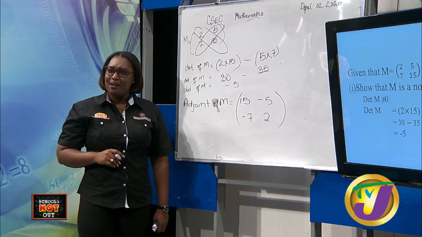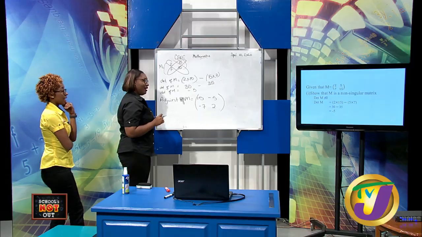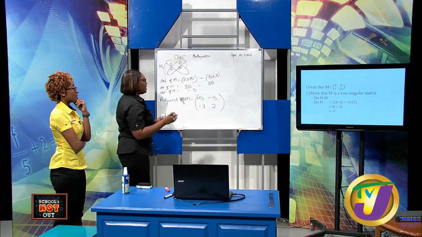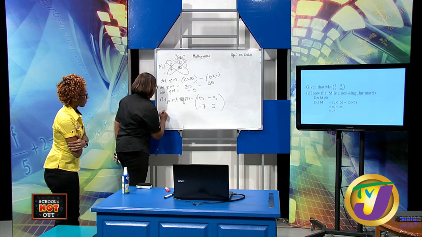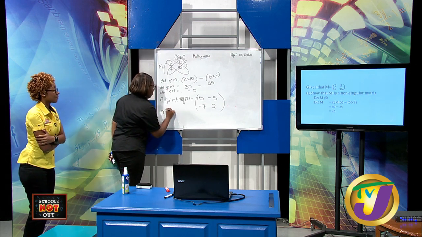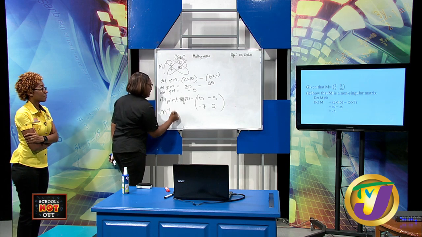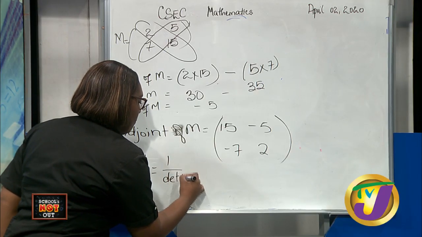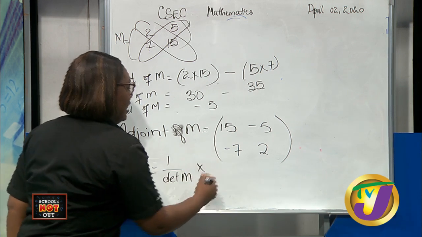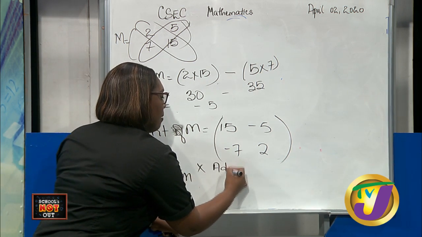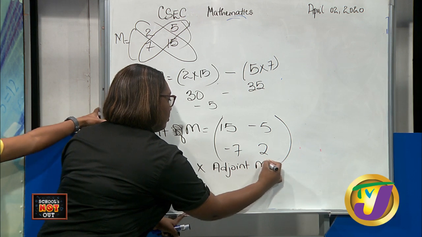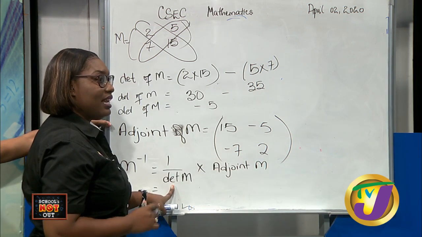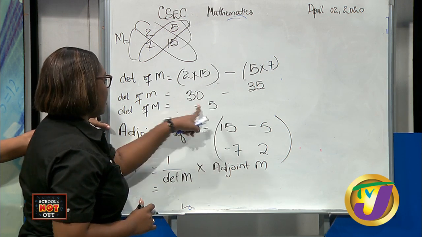But am I going to stop there? Not at all, because we're asked to find the inverse. So let's put it all together. The inverse, M to the power of -1, is equal to 1 over the determinant of M multiplied by the adjoint of M. The determinant we found in part 1 is -5.